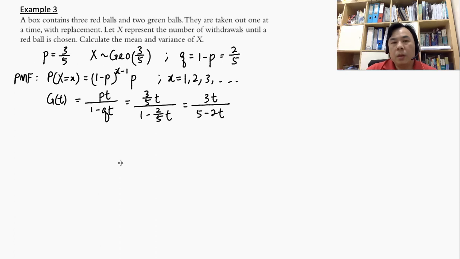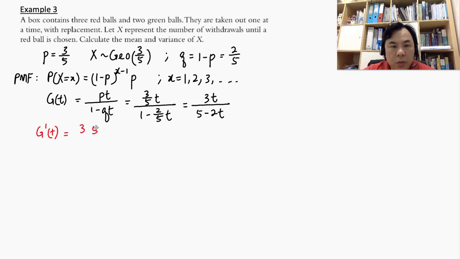Okay. Now, next, what we need to do is to make use of the probability generating function of the geometric distribution to obtain the mean and the variance. Now, as usual, we're going to carry out the first derivative with respect to t. Right. Now, there are many ways to carry out these differentiations here. We could use a very direct quotient rule, so I'm going to apply the quotient rule directly first.